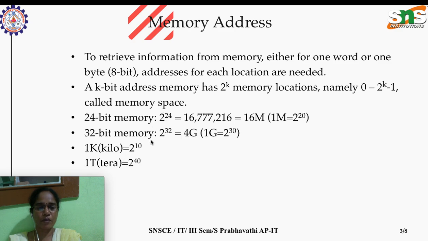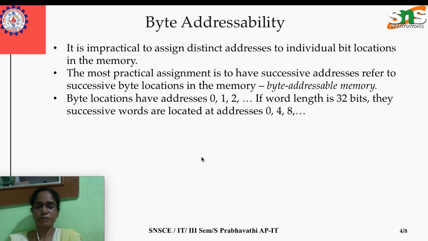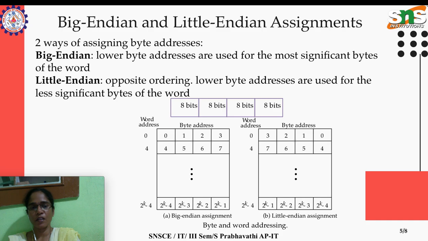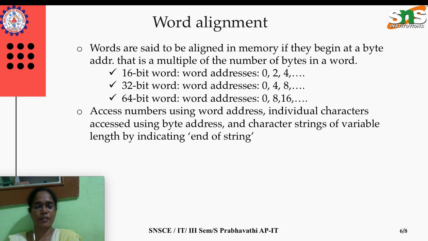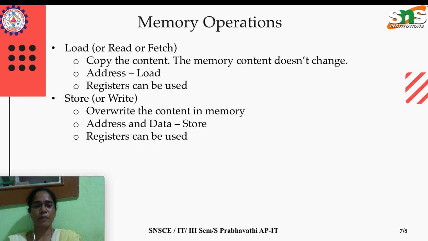We have also seen different memory units like kilo, mega, giga, tera, and byte addressability in two ways, big endian method and little endian method, followed by word alignment if the word is of variable size like 16 bit, 32 bit and 64 bit, followed by memory operations. Okay, so that's it about today's topic, and I will meet you in the next session.